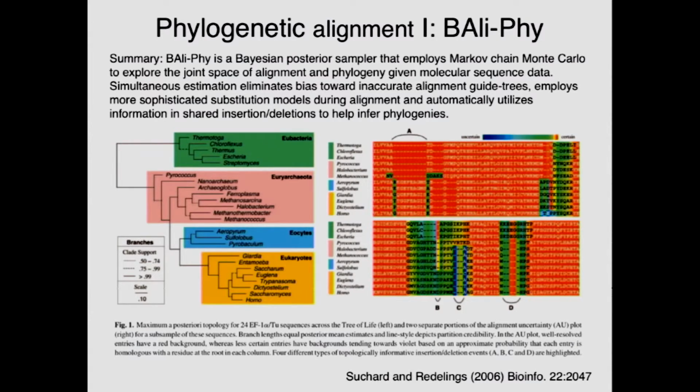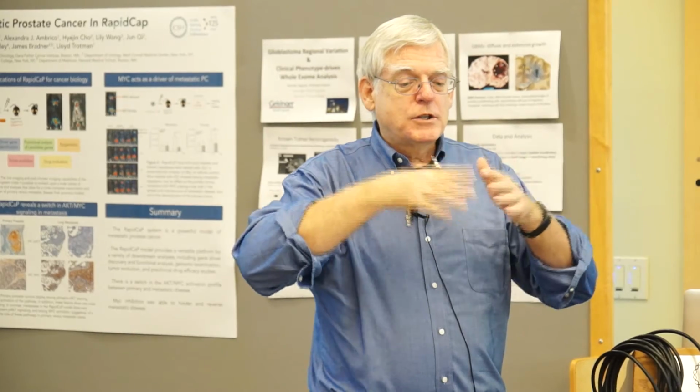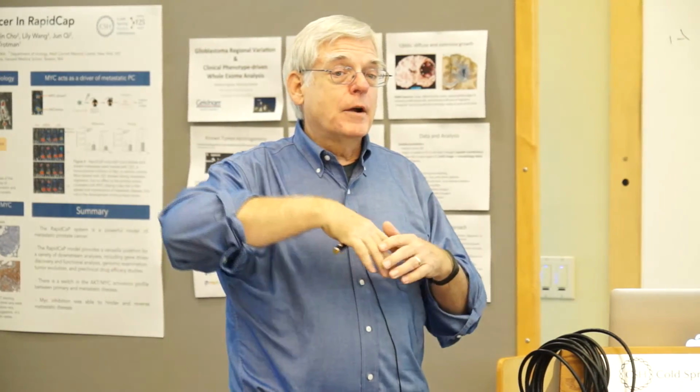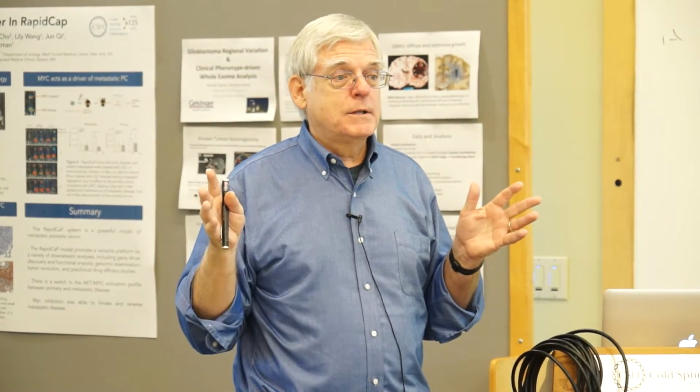Okay? So basically what Ben Redelings and his colleagues did was to use modern statistical Bayesian Monte Carlo methods for building trees, and also use those same methods for doing the sequence alignment. So instead of just deterministically making a particular alignment and then trying to improve it, they're generating a giant distribution of alignments, and they're also generating a giant distribution of trees.